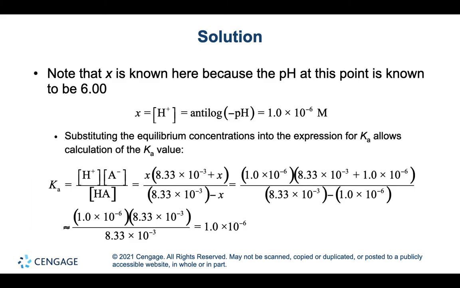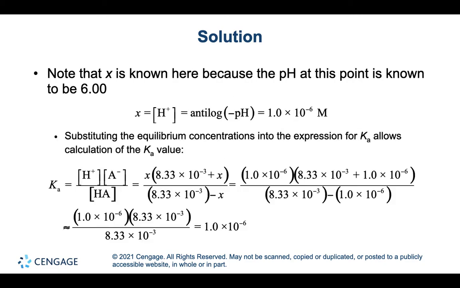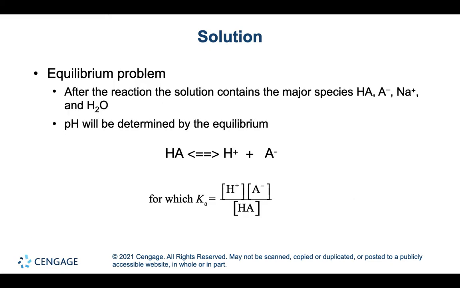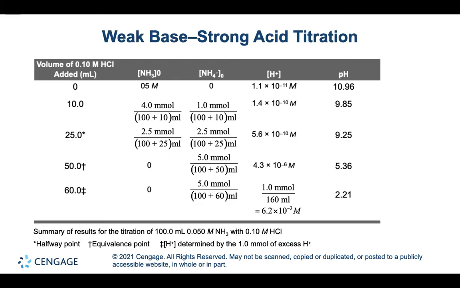But in the end, with all this major math, they should just realize that you've got equal amounts of weak acid and conjugate base. So if your pH is 6, your Ka is 1 times 10 to the minus 6. They did a lot more work than they needed to, if they just realized that 1 millimole of A minus and 1 millimole of HA in the same solution means pH equals pKa.